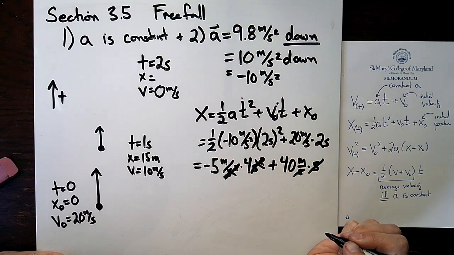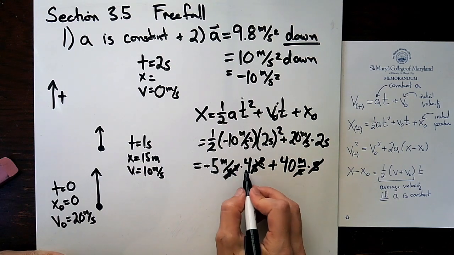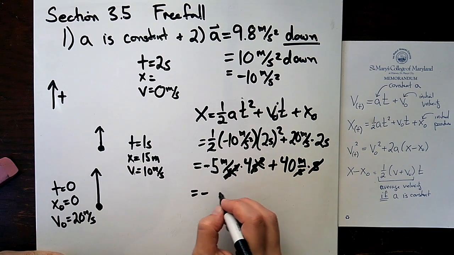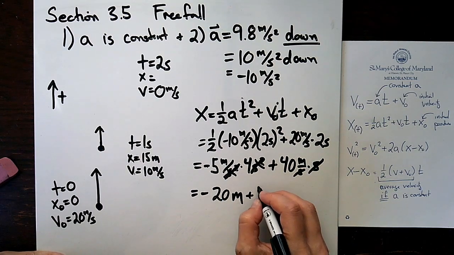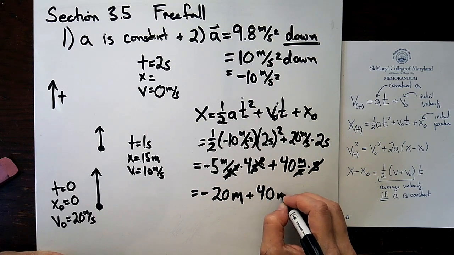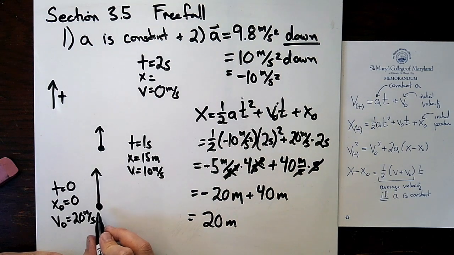The seconds cancel, and I've got -5 meters times 4, that's going to be -20 meters, plus 40 meters, and I will be at +20 meters 2 seconds after I'm thrown.